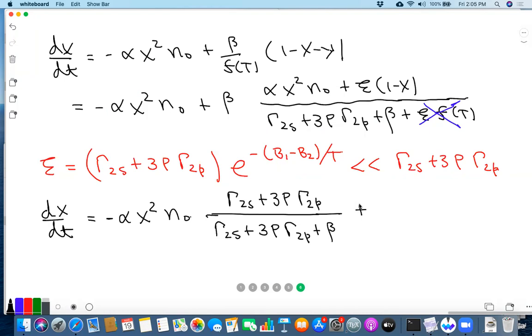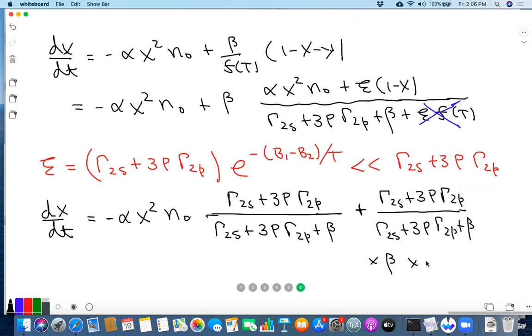Plus, we have this beta e times (1 minus x) over this, but for e now, we are not going to substitute this. So we again get gamma 2s plus 3p gamma 2p over, times beta times e to the power minus b1 minus b2 by t.